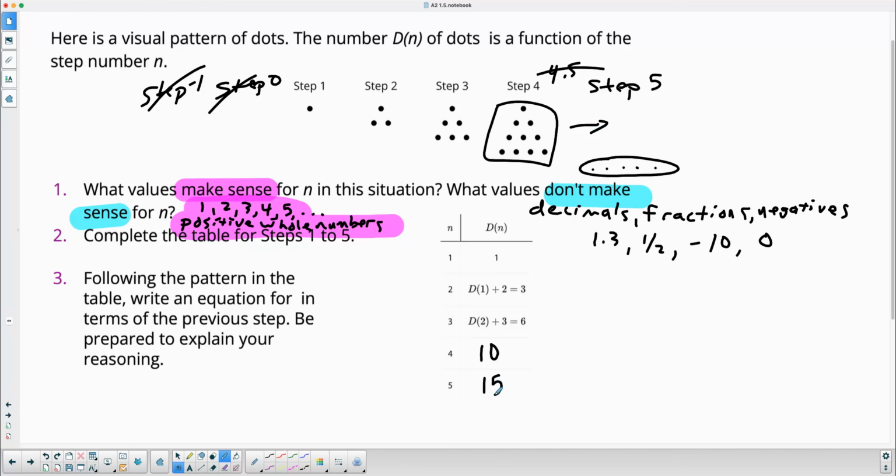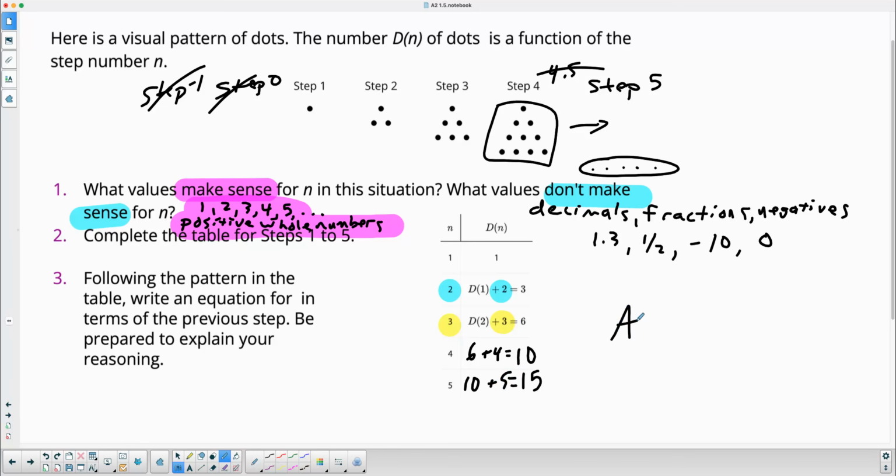All right, so if you look at this picture here on this chart, step number, you add it. Step number, you add it. This was really the previous term, which was 6, plus the step number. And then this one's the previous term, which was 10, plus the step number.